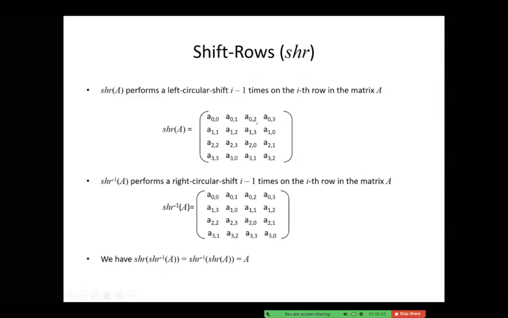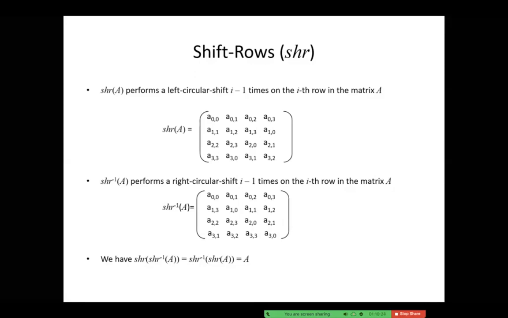If this is the second row, you shift it 1 time, a left circular shift. So that's how you get this result. Likewise, the inverse will be the right shift: a circular right shift, so you shift it back.